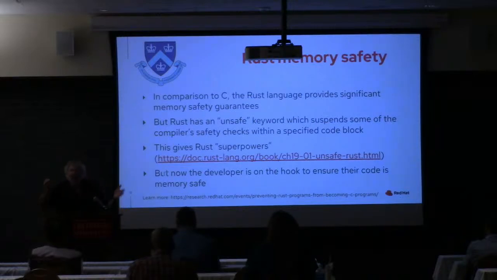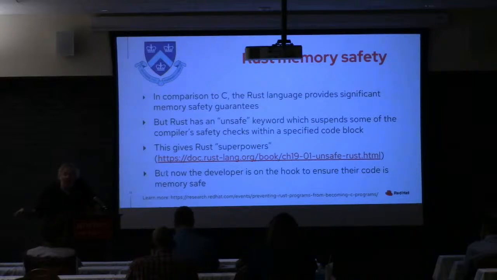Well, why would you take a memory safe language and make it less safe? The way the Rust language site puts it is, sometimes you want to give Rust superpowers. You want to call an unsafe function. You want to dereference a raw pointer. And there are a couple other reasons as well.